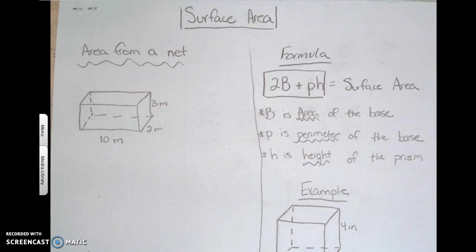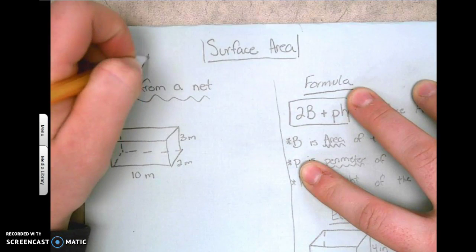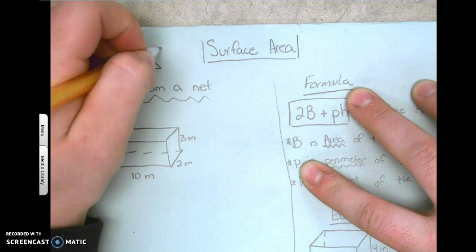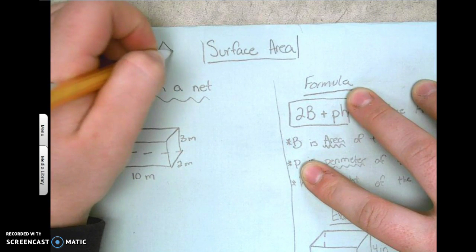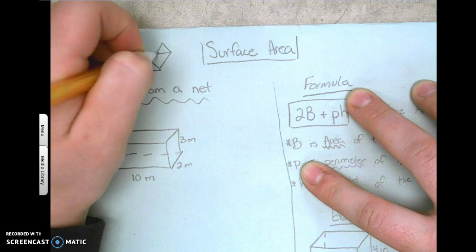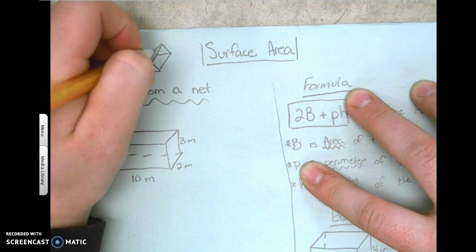Now, you can have other shapes that are prisms as well. For instance, if I have a triangular prism, it looks something like this, where we've got a triangle, and we're going to have another triangle behind it, or on top of it, depending, and you can connect those.